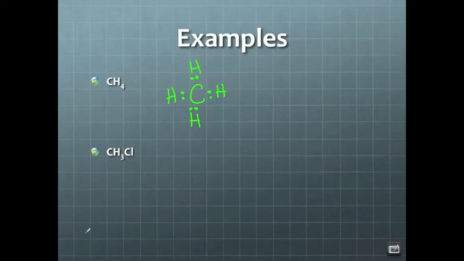So we look at our electronegativities. C comes with an electronegativity of 2.5. H comes with electronegativity of 2.1, which gives us a difference of 0.4. So this is a slightly polar bond.